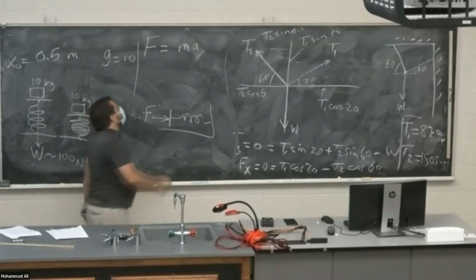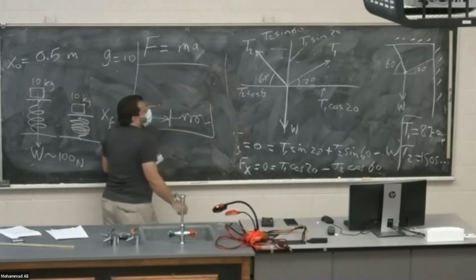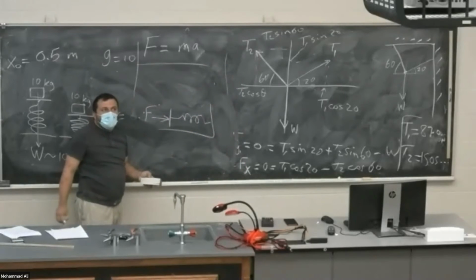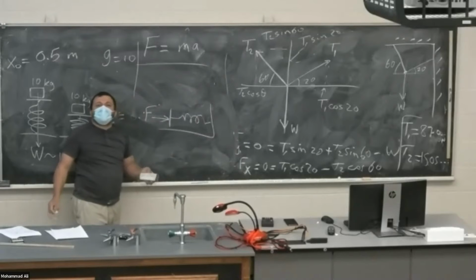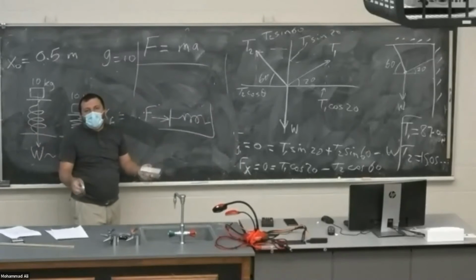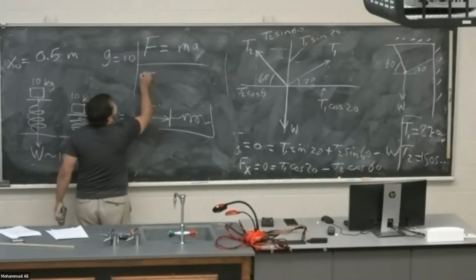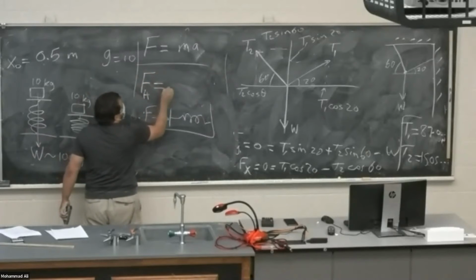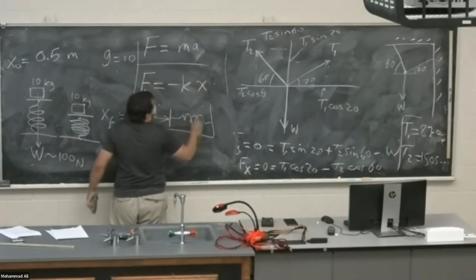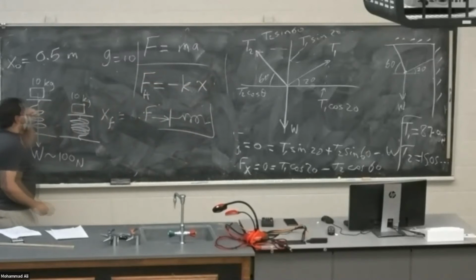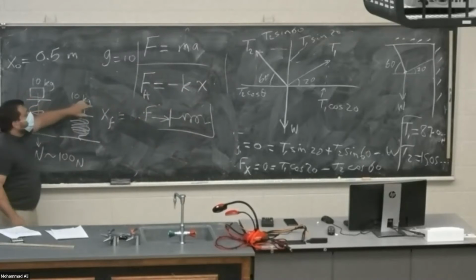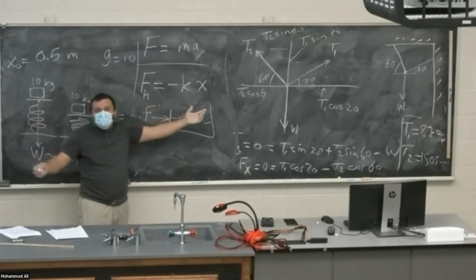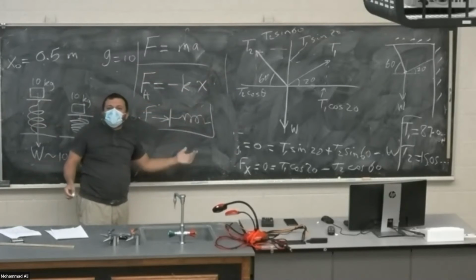We have another experimenter, his name was Hooke. And we have the spring force law, or Hooke's law, which is F equals negative kx. x is the change in length. k is a constant that represents the properties of that spring.